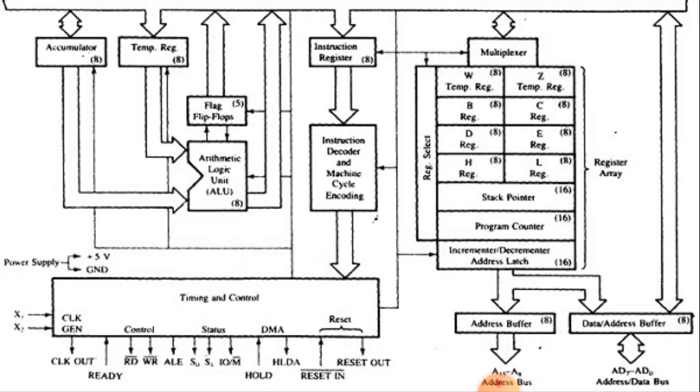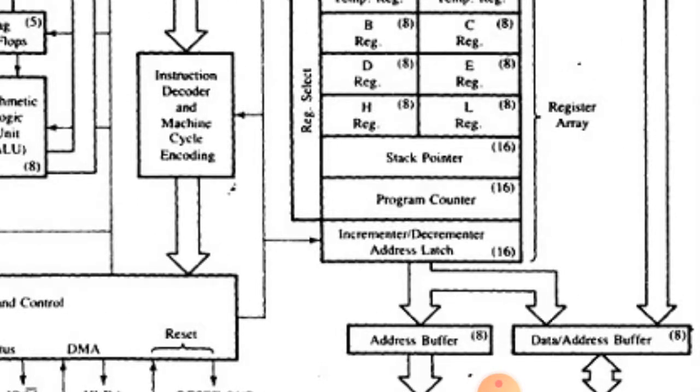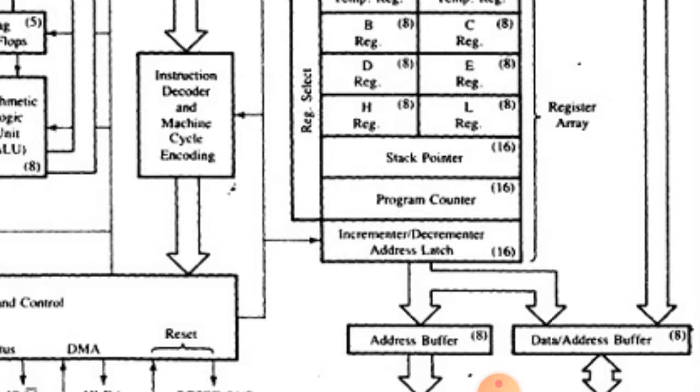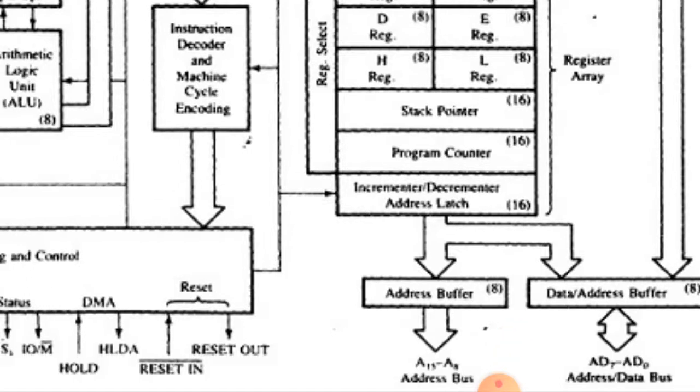Okay, now the address buffer and address data buffer. The content stored in the stack pointer and program counter is loaded into the address buffer or address data buffer to communicate with the CPU of the microprocessor. The CPU can exchange the desired data with the input output chips.